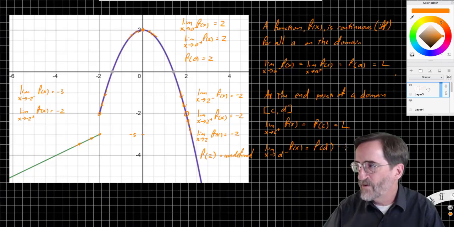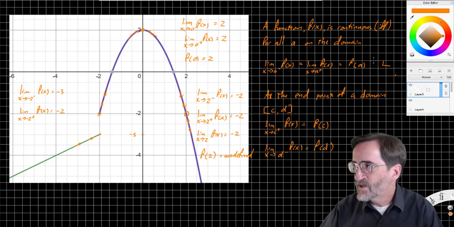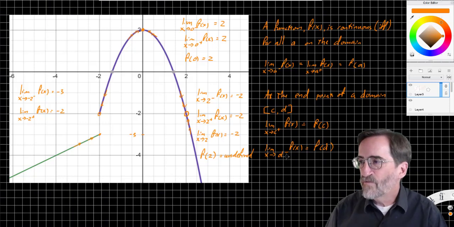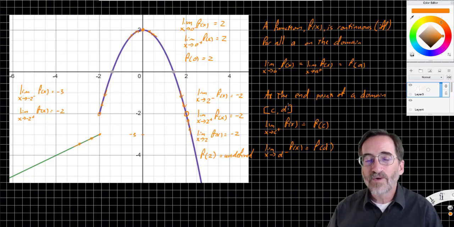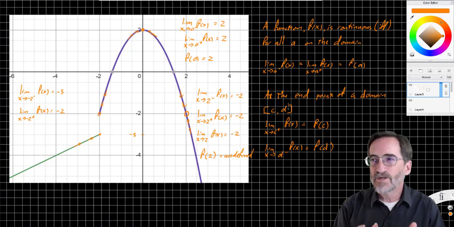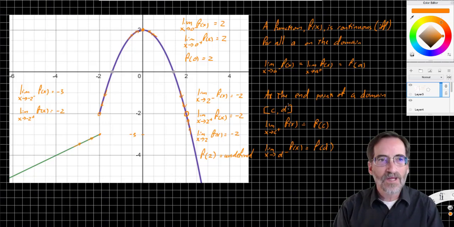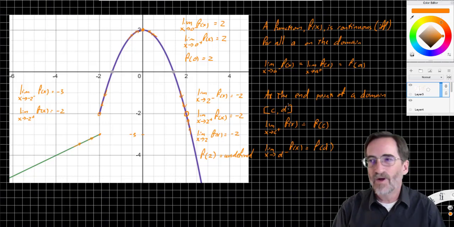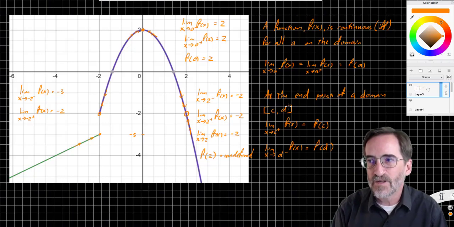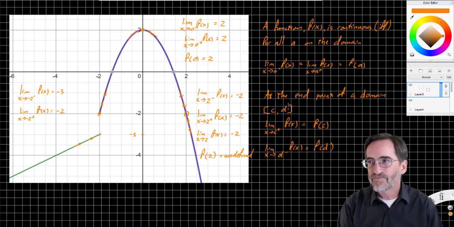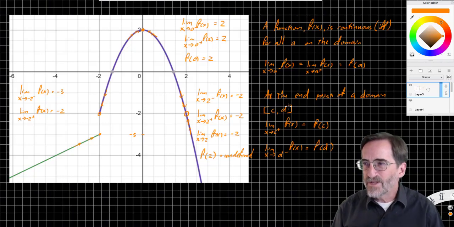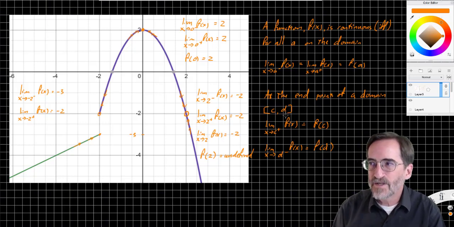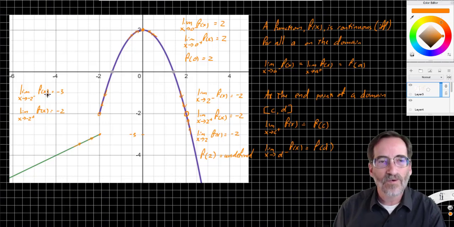The limit depends on the function value at that point. So let's take that off. Okay, so hopefully that's clear. All three need to be in agreement for every point on the domain except the endpoints. That is, the left-hand limit, the right-hand limit, and the function value have to be in agreement for the function to be continuous at that point. I don't think the lesson got into the endpoints discussion, but that's worth looking at as well.